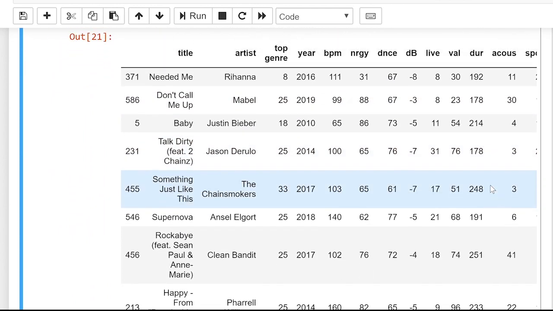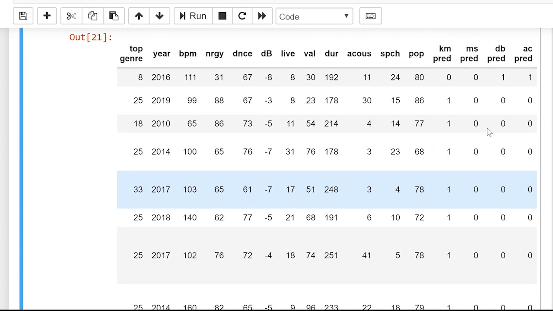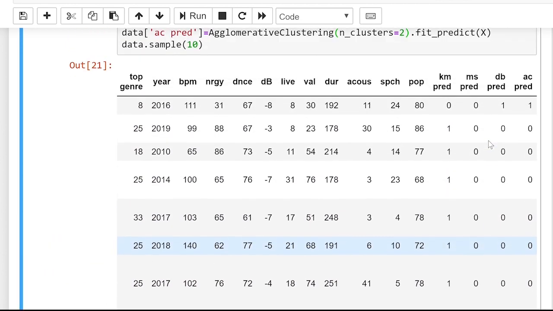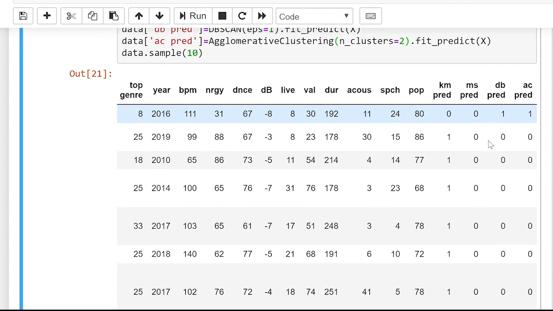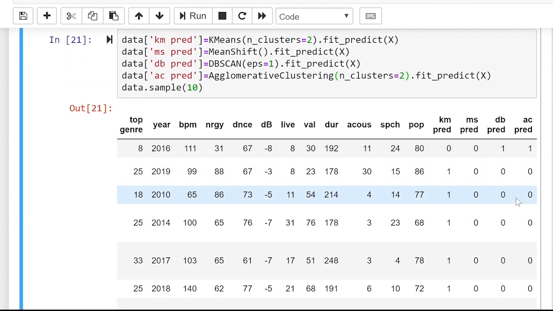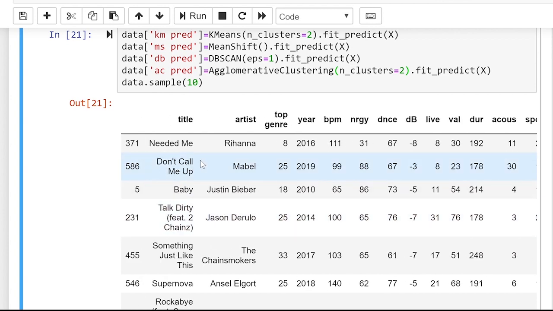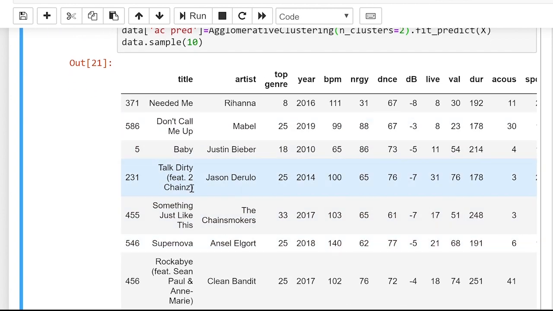So this is my first file, and I put all these predictions over here. These are the groups they belong to. For example, these songs over here are grouped together.